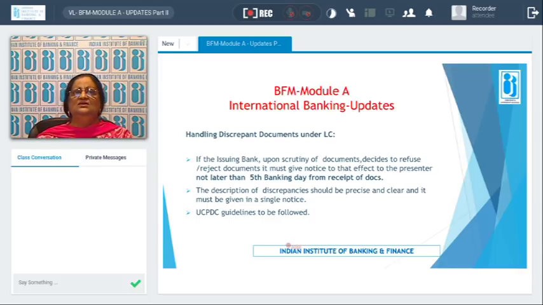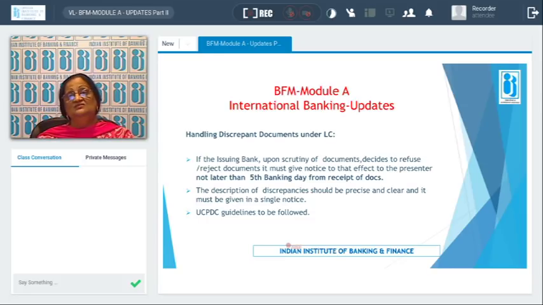Now this has to be advised to the bank from whom the documents have come, that is the negotiating bank, or it may be the confirming bank in some cases. For this, the issuing bank should give a notice to this effect to the presenter, and this is very important, not later than the 5th banking day from receipt of documents. This is as per UCPDC.